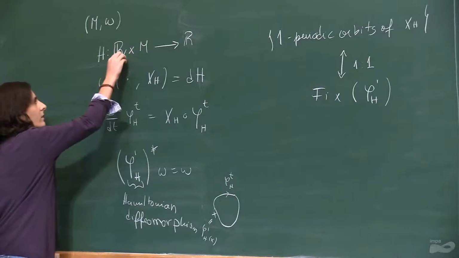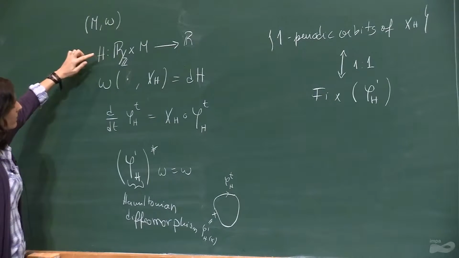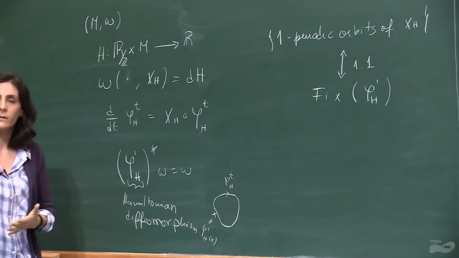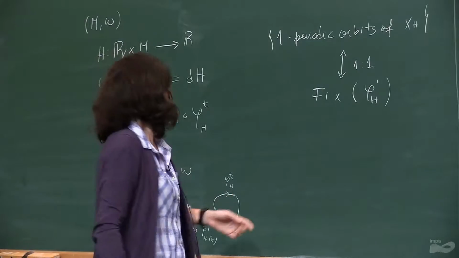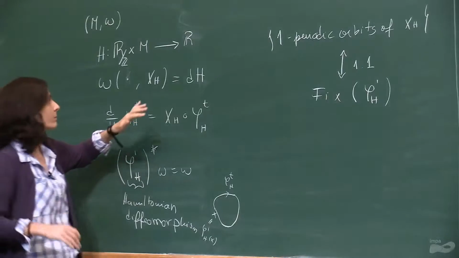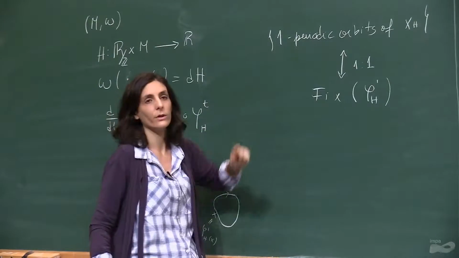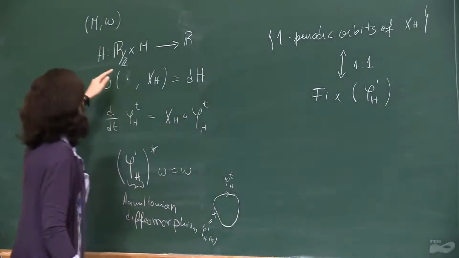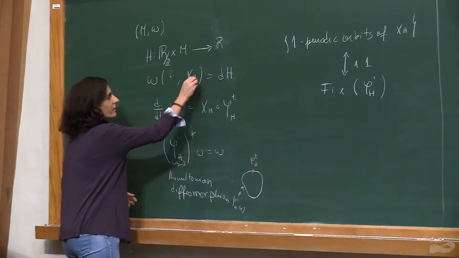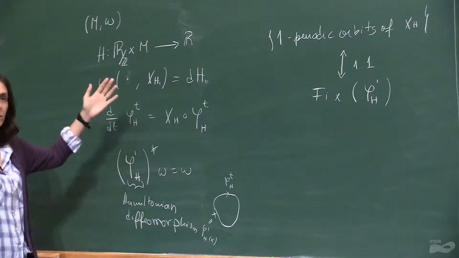So actually here I'll take R mod Z. Given a time-dependent Hamiltonian, I can always reparameterize it in time in such a way that it becomes one periodic, and there is a bijection between the one periodic orbits of the first one and the second one. So if I want to study the existence of one periodic orbits, I can just assume this Hamiltonian is one periodic in time. Okay? So in fact, this vector field, I should have a t here, but I'll drop it in the notation. Things now depend on time.